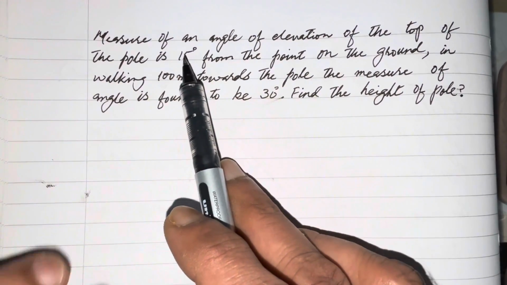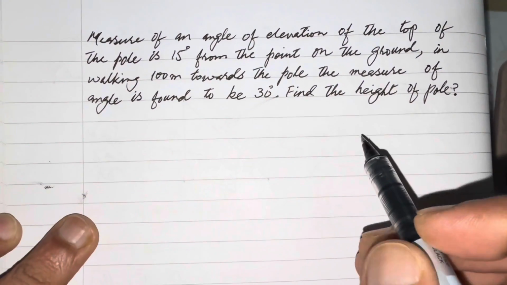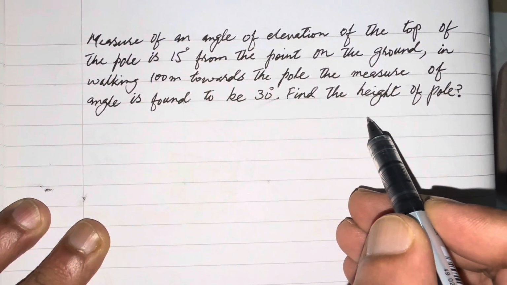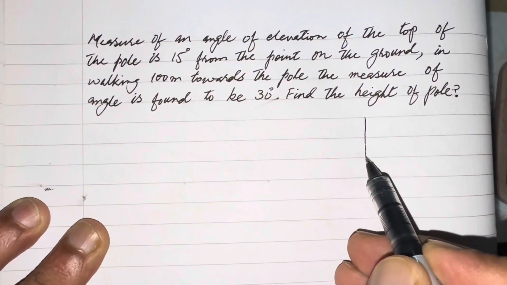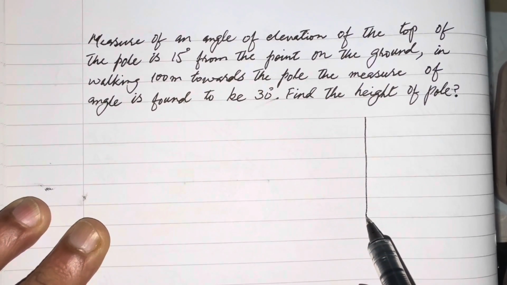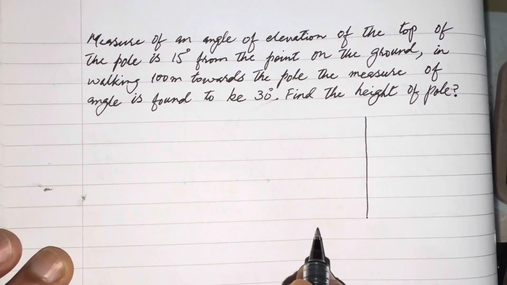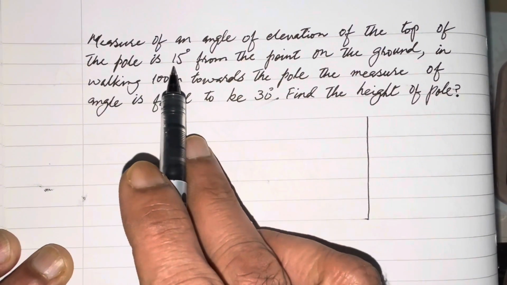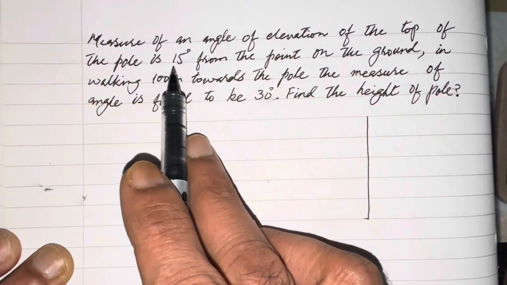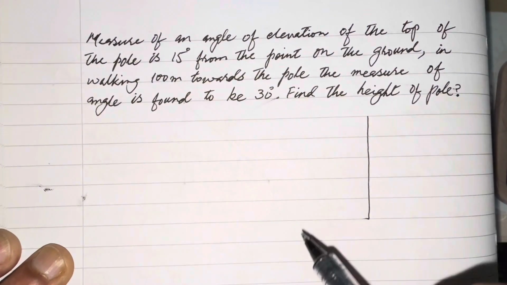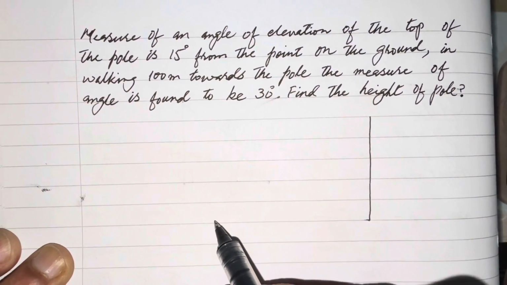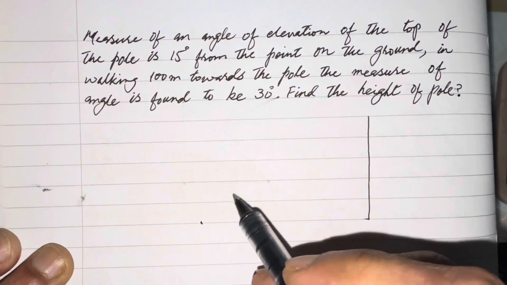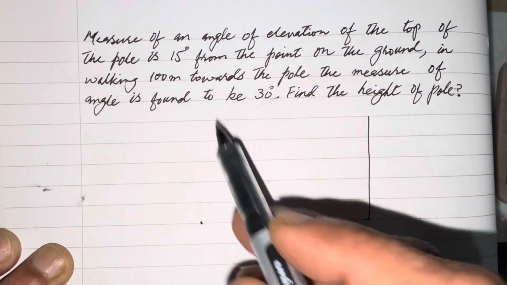First of all, we have to draw a straight line representing the height of the pole. And at some point the angle of elevation is 15 degrees. So we can say there is a point where the angle of elevation is 15 degrees.